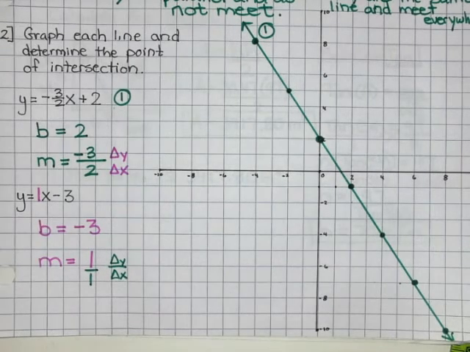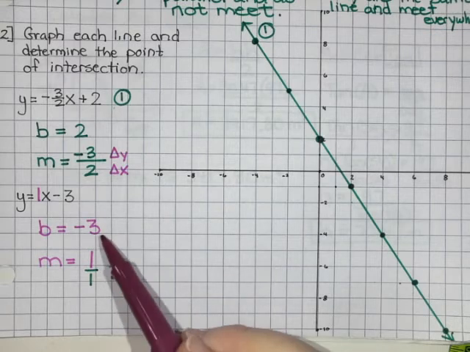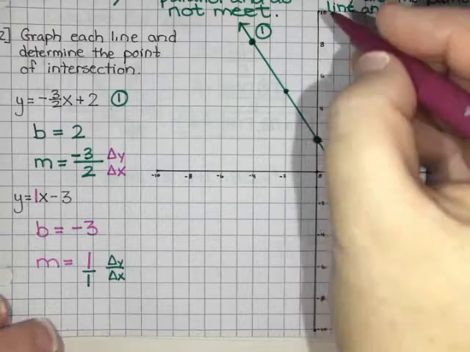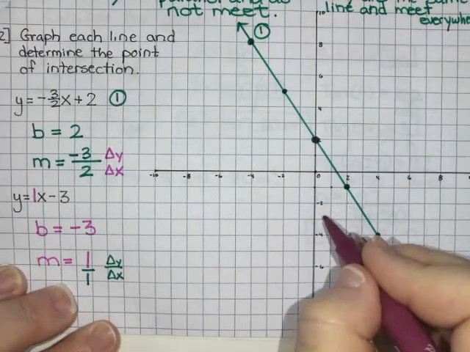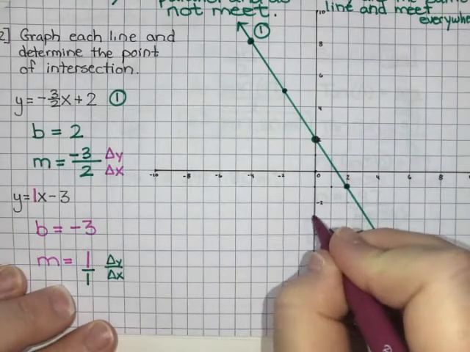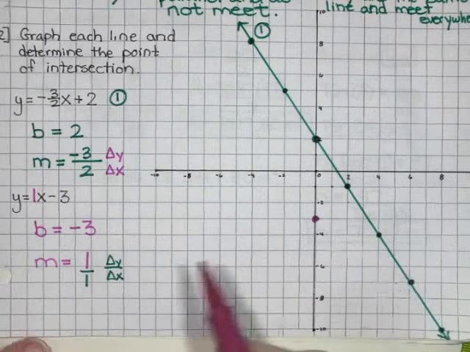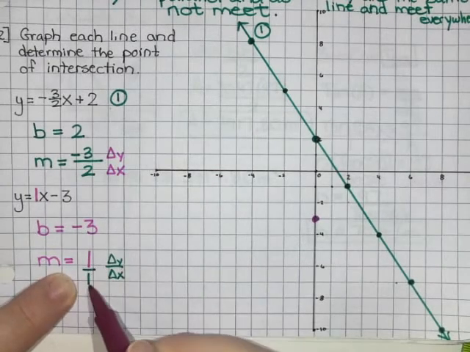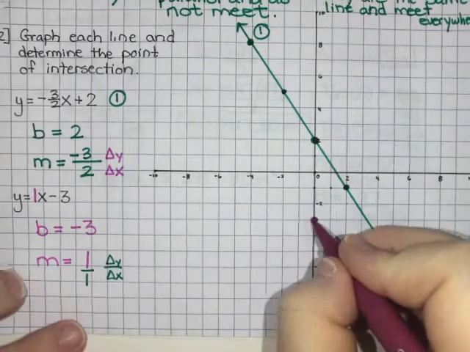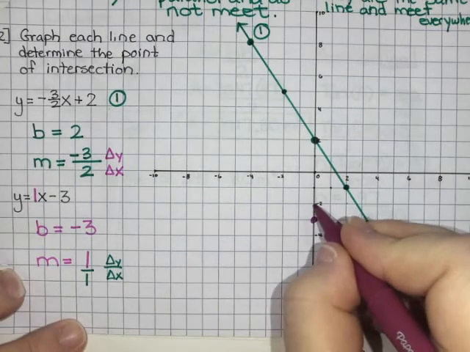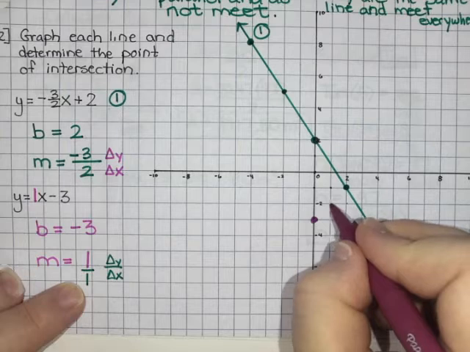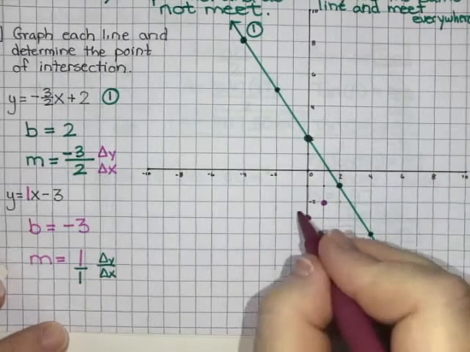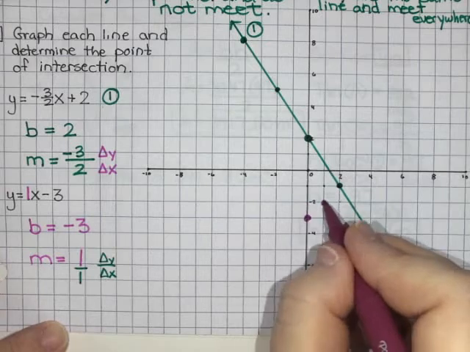Okay, so I'm going to start by plotting my y-intercept. So on the y-axis, I'm going to find negative 3 and make a point. And then from there, we are going to add 1 onto y and add 1 onto x. So our y value is going to go up 1, and our x value is going to go up 1. So we're going to move over, and we added 1 to x, added 1 to y, added 1 to x.